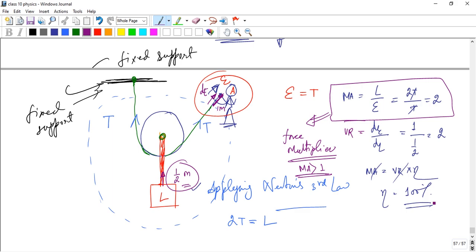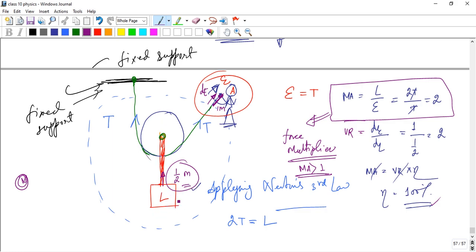Okay, but here the efficiency is 100%. Clear? But remember that we ignore the weight of the pulley. We discuss only the weight of the load here.